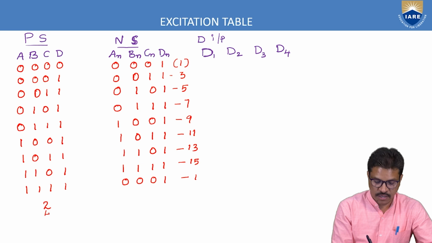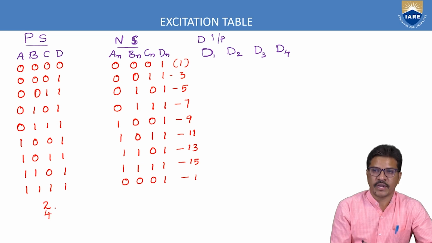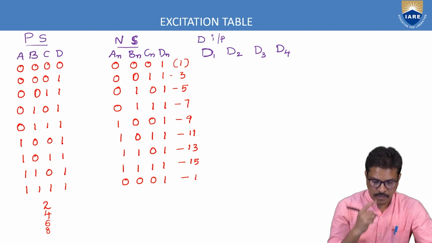State 2, state 4, present state the number is 4, counting the number is 4, 6, 8, 10, 12, 14, the entire values.